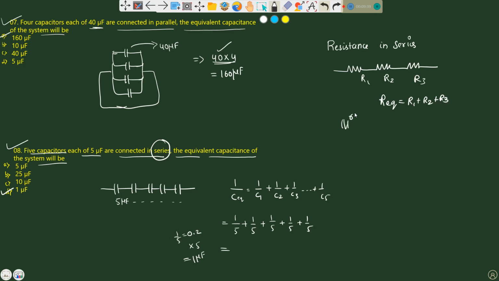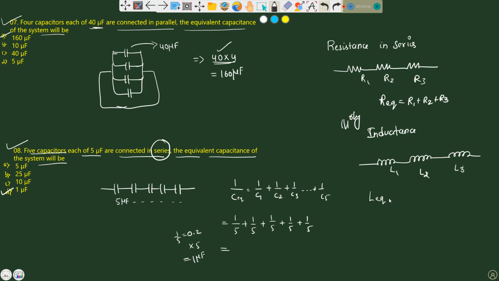Similarly, in case of inductance also, if all the inductances are connected in series, their equivalent value will be the sum of all the respective inductance values.